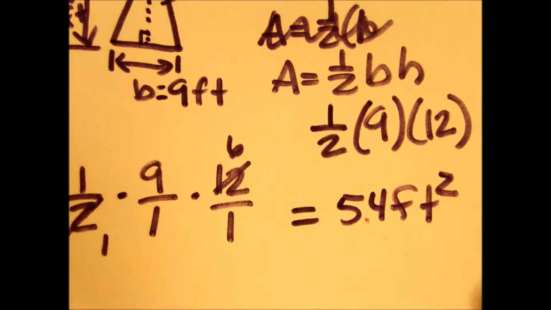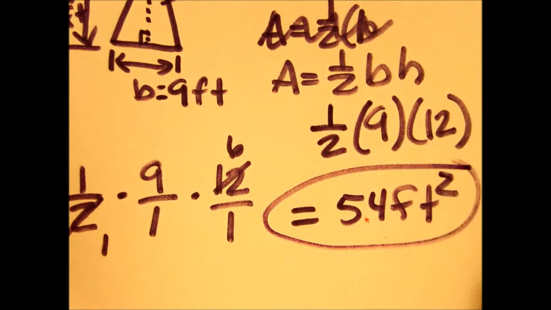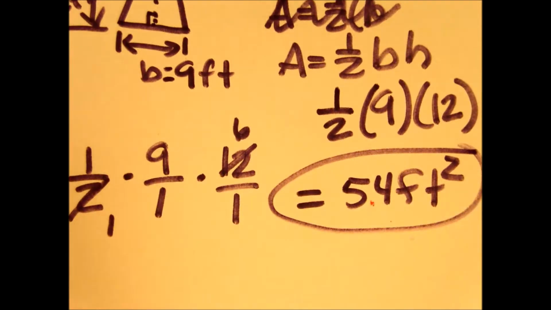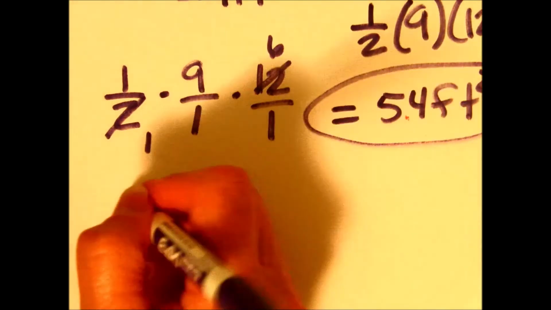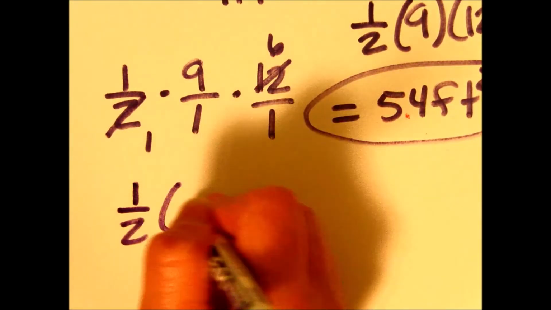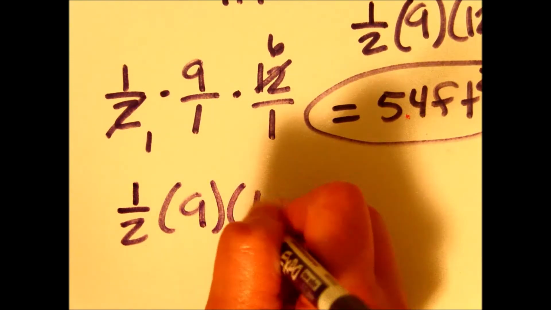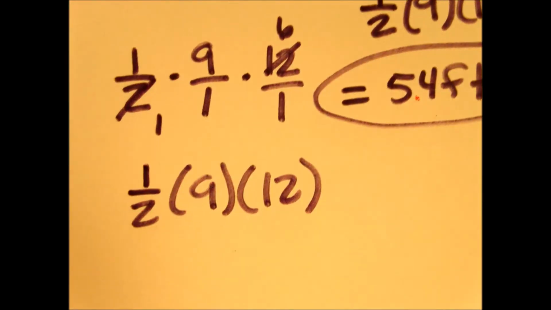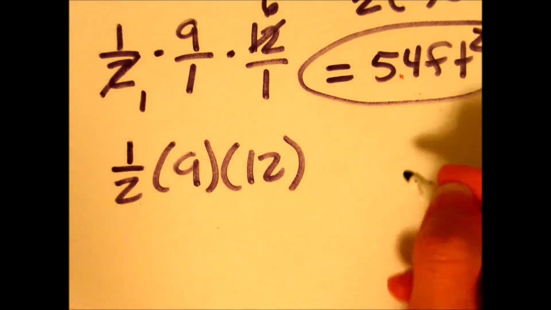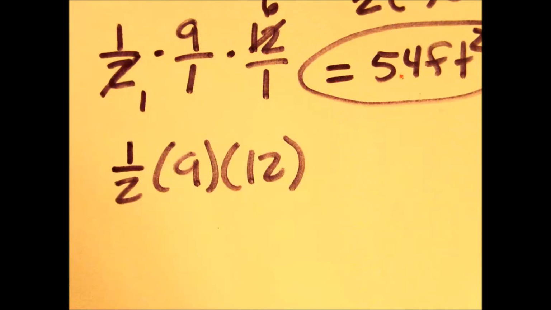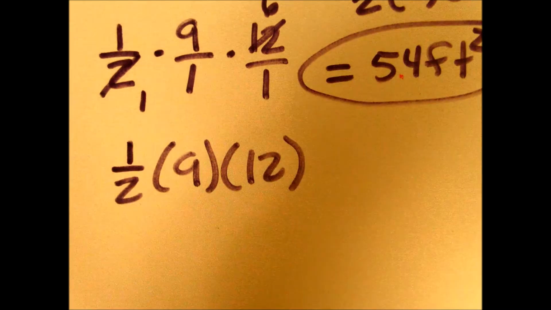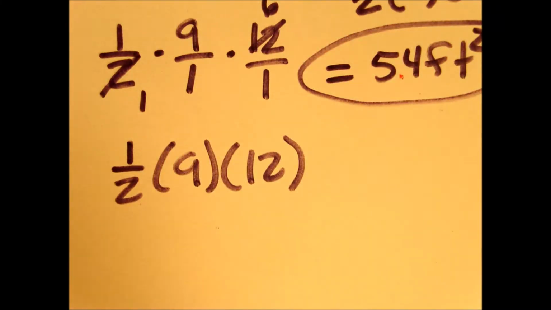Now I did say you could write this out a different way or even do some mental math. I'm going to rewrite it here. If you remember, when we talked about whole numbers, we talked about a property called the commutative property, and that basically meant that when the operation was multiplication, we could change the order of the numbers.